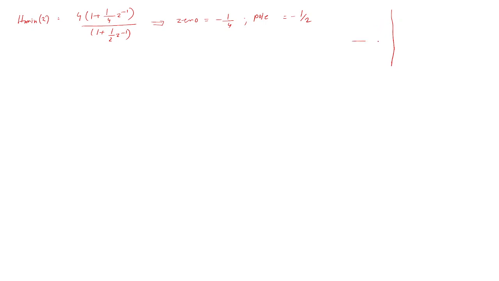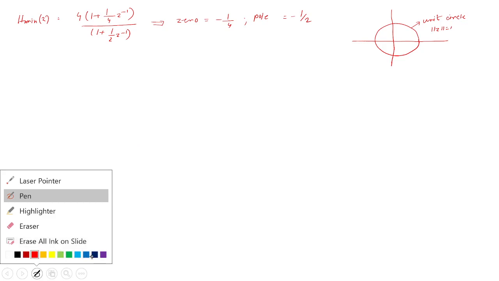So let us locate them in the Z domain. This is the unit circle, norm of Z is equal to 1. Let me denote the pole in a different color.